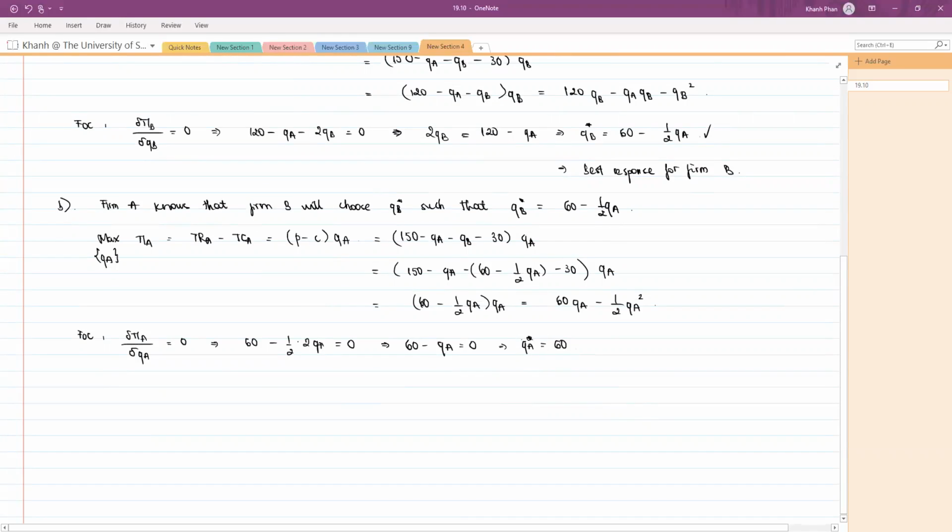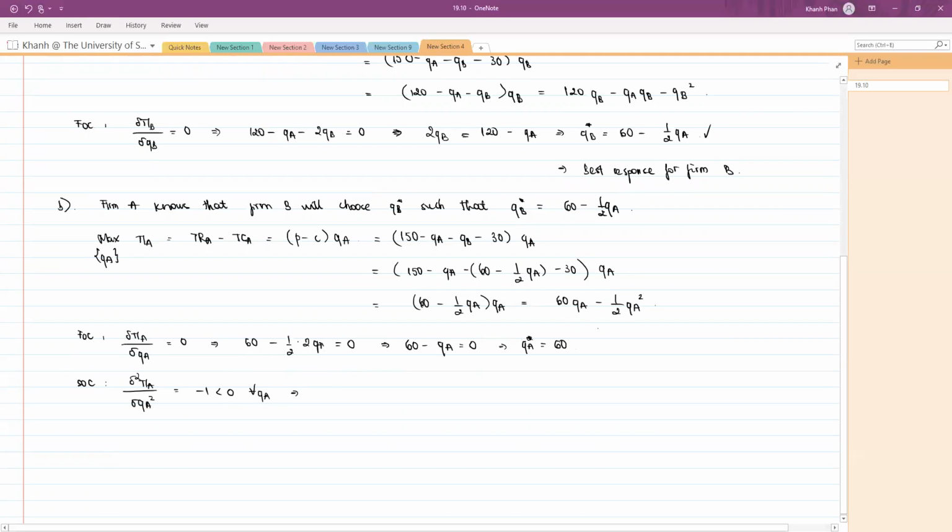Now, how do I know this is the maximum point? If anyone wants to find a second derivative, you are very welcome to do that. If I differentiate the first derivative again with respect to QA, the 60 will disappear, and negative QA, if I differentiate with respect to QA, I get negative 1, which is smaller than 0 for every QA.